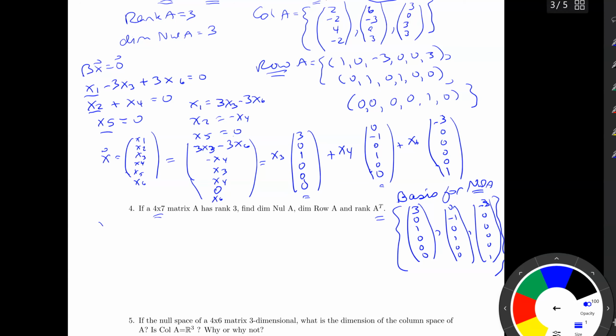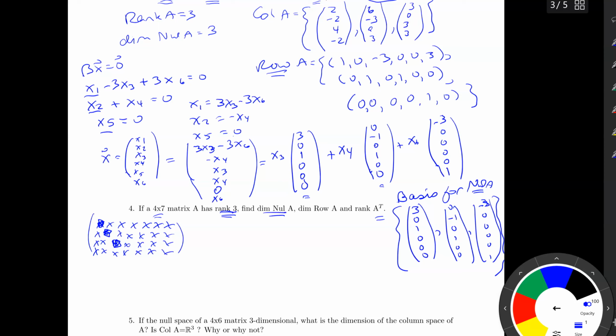Okay, so here we go. 4 by 7. Okay, so it has rank 3. So that means there's 3 pivots, 3 basic variables. Okay, so rank A, 3 pivots.